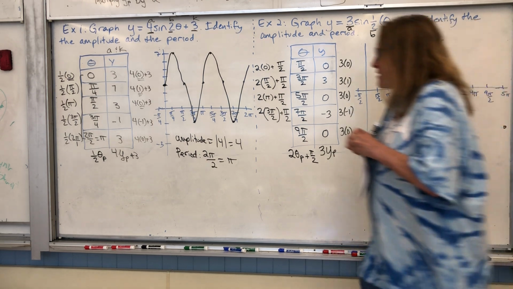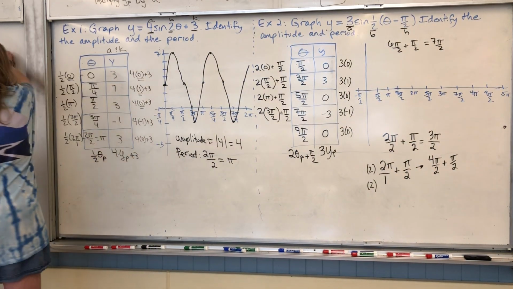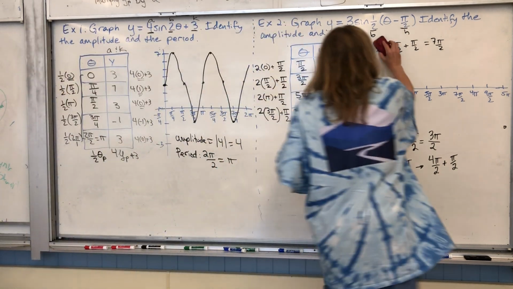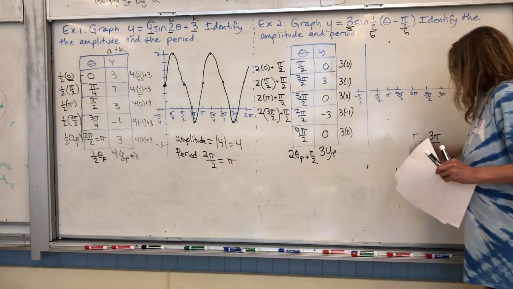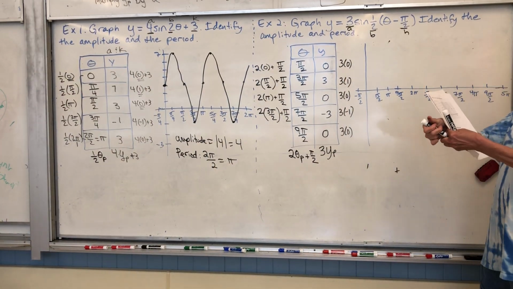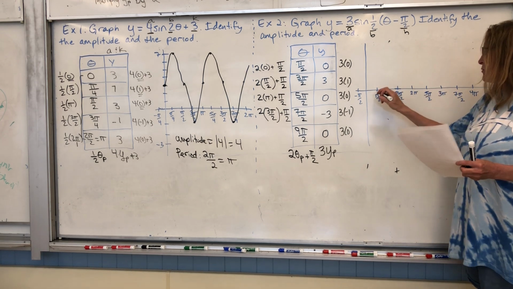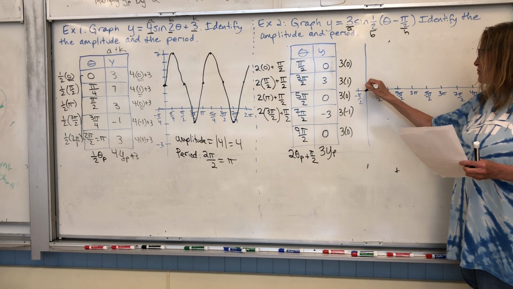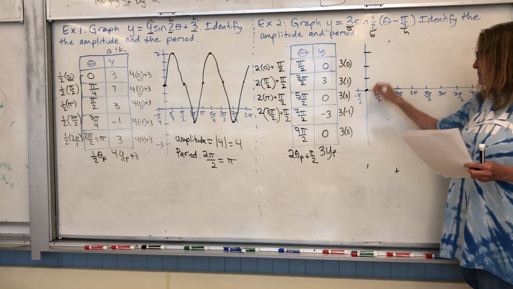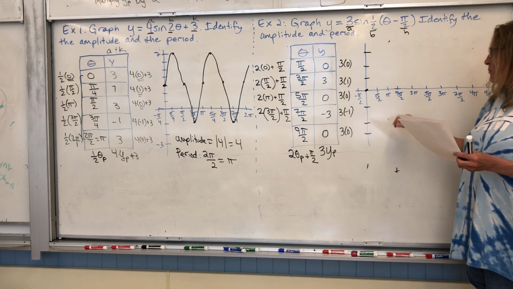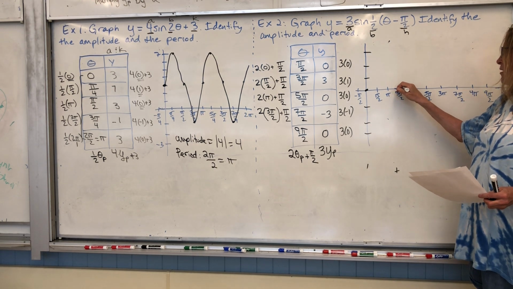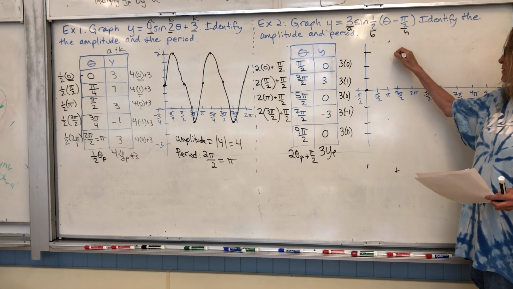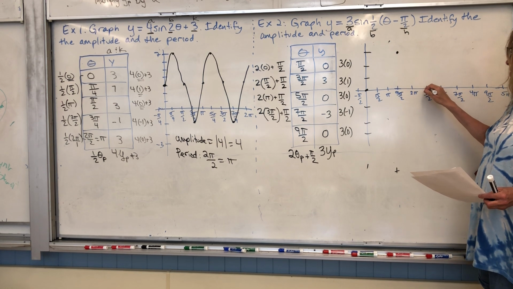Okay, let's graph this. Let's see what it looks like. Gotta erase this. Okay. So we've got pi over 2 comma 0. Oh, I didn't mark this. Okay, then we've got 3 pi over 2 comma 3. We've got 5 pi over 2 comma 0.